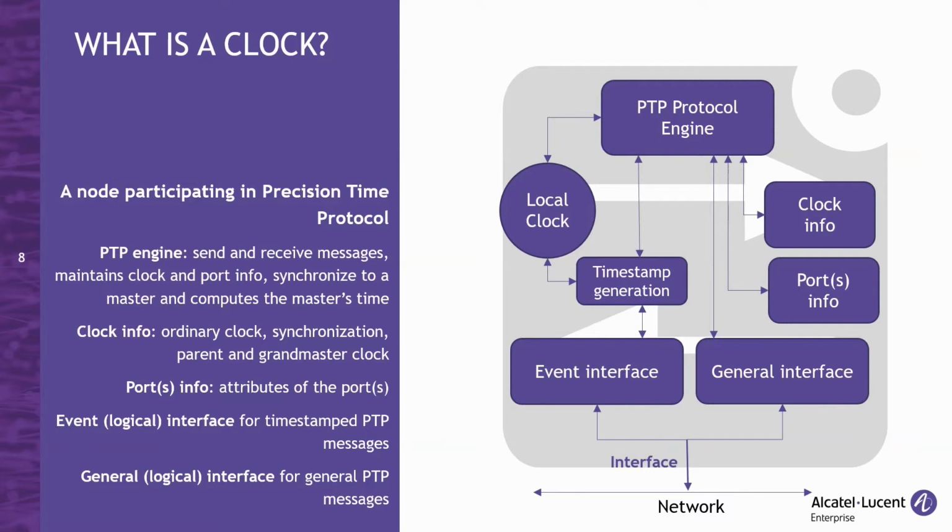One is a general interface that processes general PTP messages, while the event interface processes event messages, or messages that contain timing information relevant to time synchronization. The timestamp generation module timestamps all event messages on ingress and egress based on the value of the local clock.